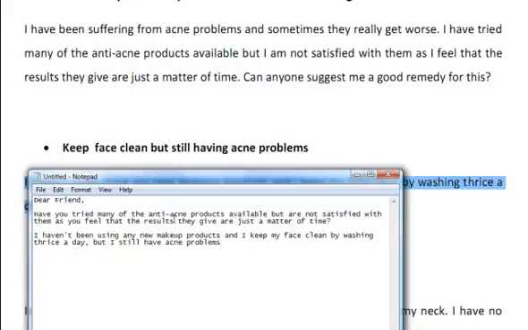Or you could say, have you not been using any new makeup products and you keep your face clean by washing thrice a day, but you still have acne problems? Remember, the first few paragraphs or sentences should try to sell the problem, and you need to try to trigger their emotional hot buttons.